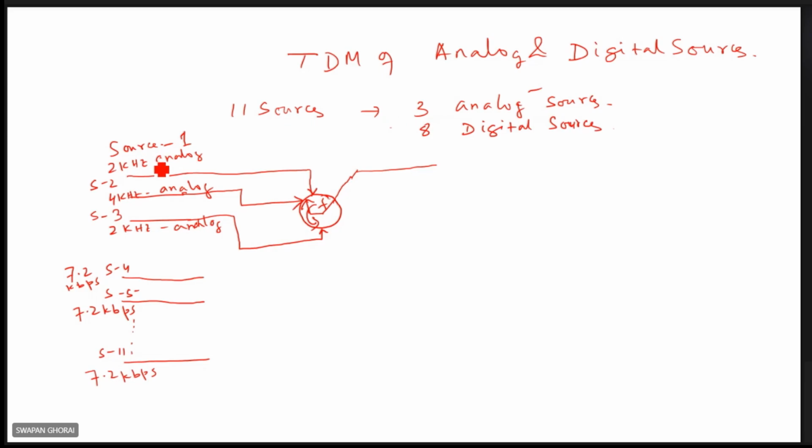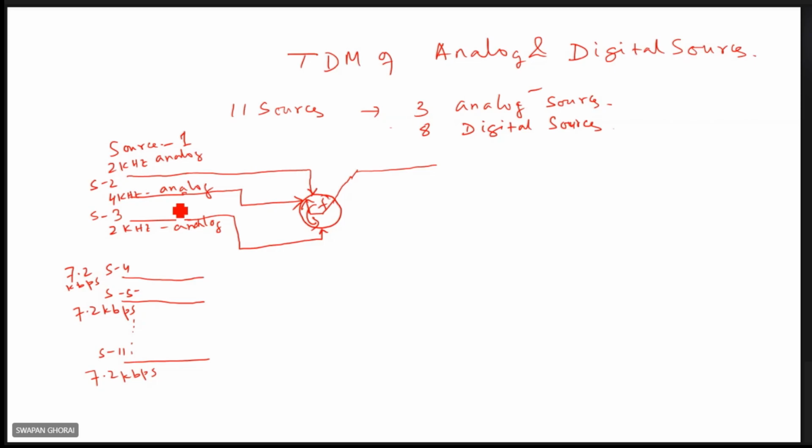In this case it will be 4,000 samples per second for source 1, 8,000 samples per second for source 2, and again 4,000 samples per second for source 3. These samples after sampling are not digital ones; they are analog samples.